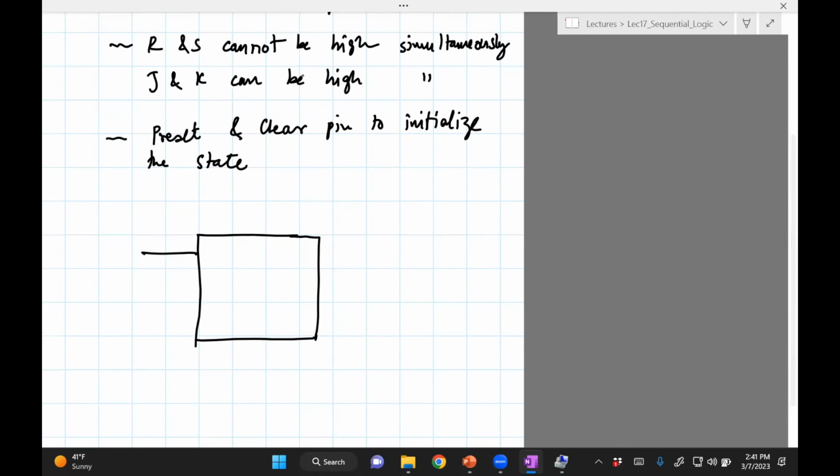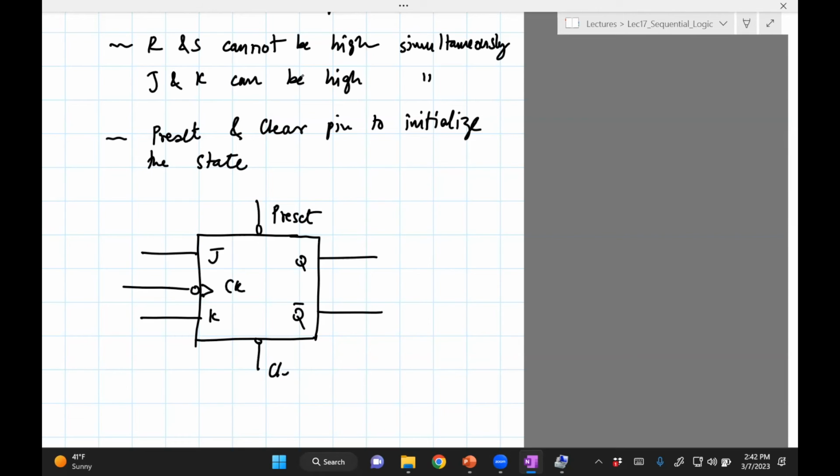Okay, so J, K, then there's a clock. I'm assuming that this is drawn for the negative edge triggered, but you could also have a positive edge triggered flip-flop. Outputs Q and Q bar, and then I said there are two more: preset and clear.